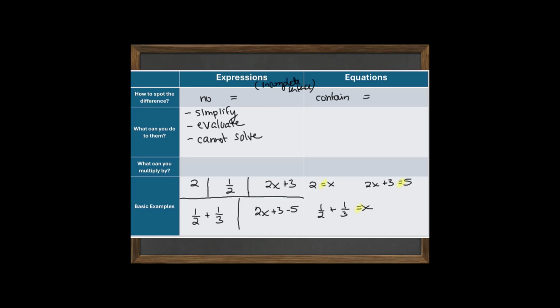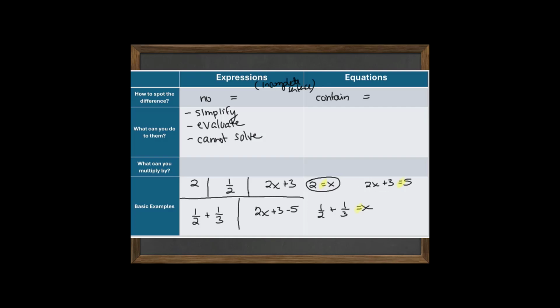With an equation, right, it's a complete thought. So like that would be like, I have a problem on Tuesday. I booked 2 meetings at the same time, right? Okay, now you have enough information. Now you can help me solve it, right? So same thing over here with an equation. So for example, 2 equals x, right? Well, I have all the information I need. I know that x is 2. Over here, 2x plus 3 is equal to 5.